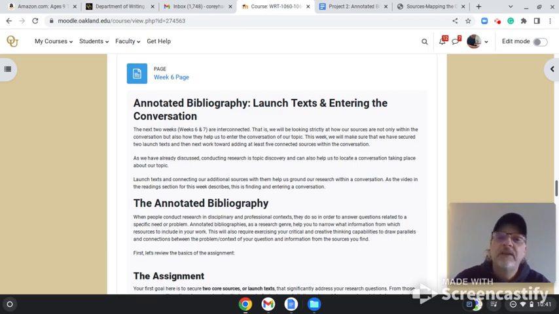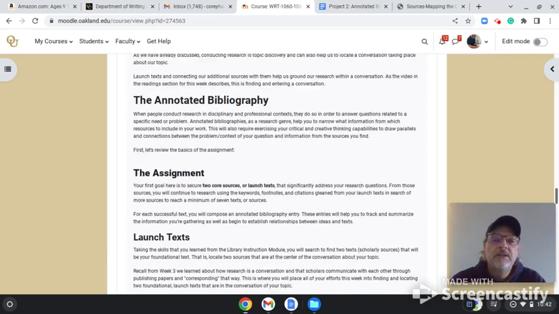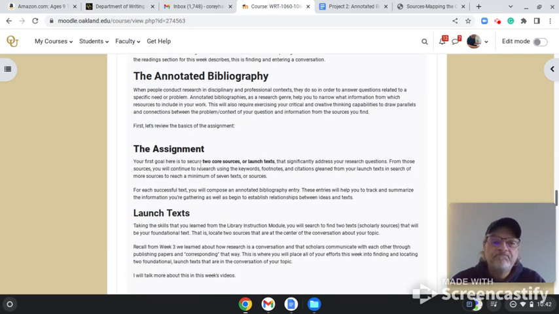Foundational texts might be another term, core texts, whatever you want to call them. I'm calling them launch texts to help us get into the conversation. Then we're going to find 5 other resources that touch those, right? And we'll talk about what I mean by touch over the next week or so, a little bit today. So I've reiterated the assignment here for our week 6 page.